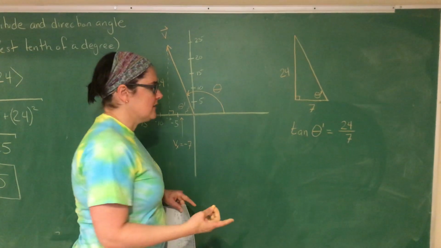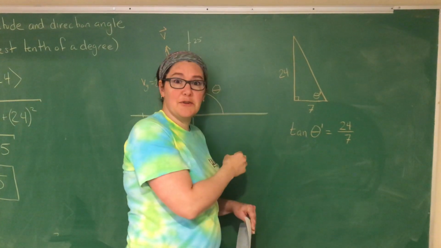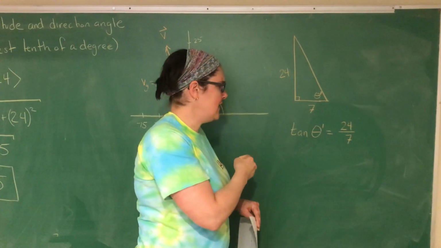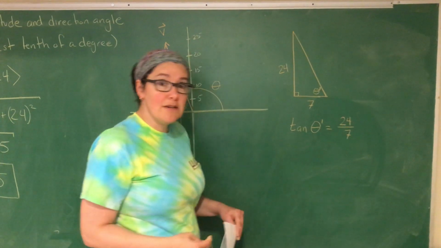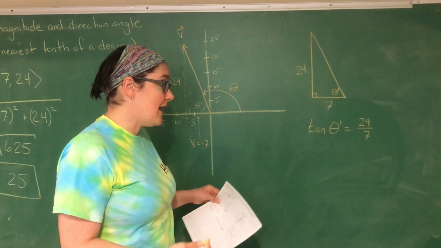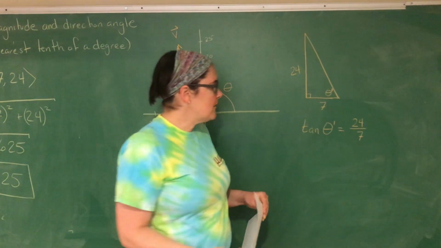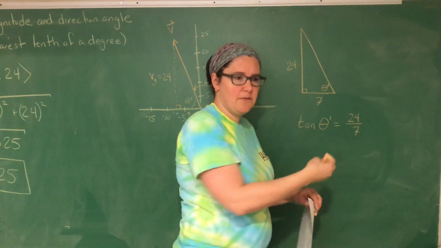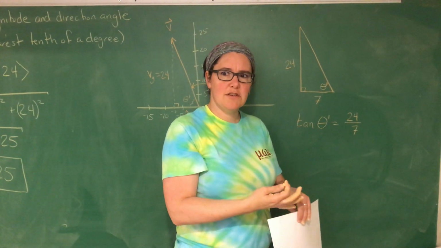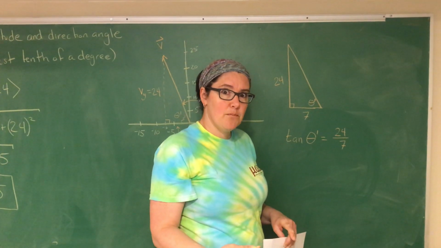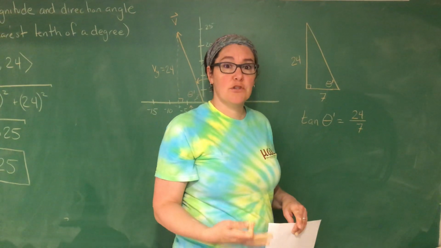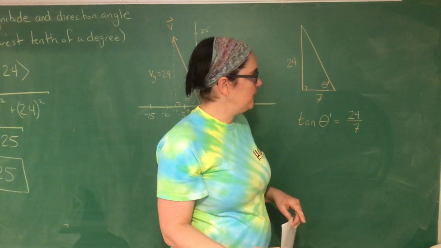Okay, now to find the angle, I need to flip-flop this equation. At the very beginning of the semester, we said we can apply inverse tangent to both sides, and many of you said, what is this inverse tangent thing that you talk about? But now we've talked about these inverse trig functions as graphs, and when we're talking about positive ratios for inverse tangent, inverse sine, or inverse cosine, the angle we get as an output will be in the first quadrant. In other words, an acute angle.